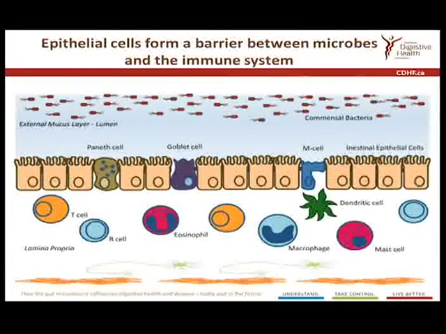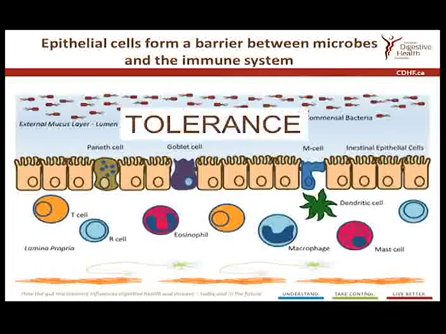This whole system together really is a state of tolerance, where the immune system, which is sitting right underneath the epithelium, tolerates these trillions of organisms. They have built up a lot of different ways in which this tolerance develops. And it's when this tolerance gets disrupted that you can end up with diseases like inflammatory bowel disease.